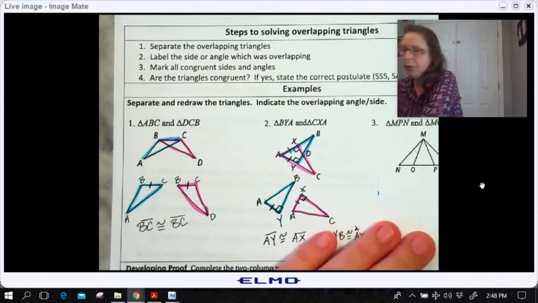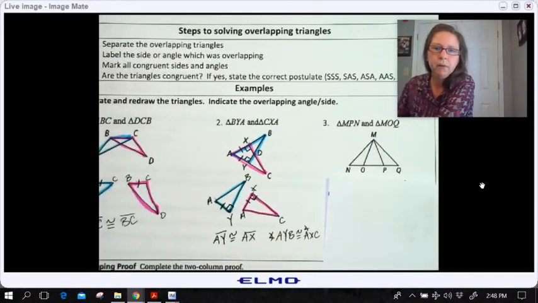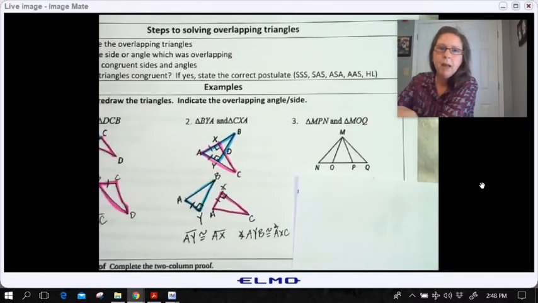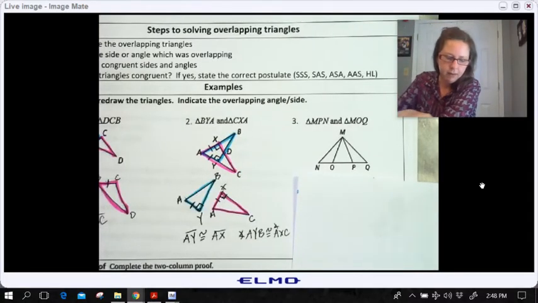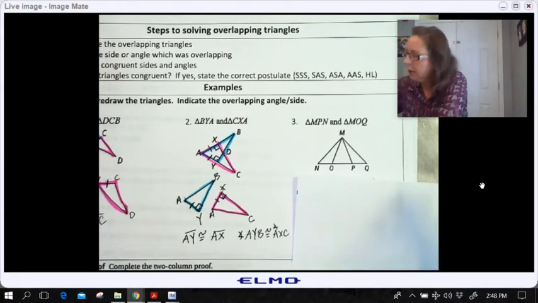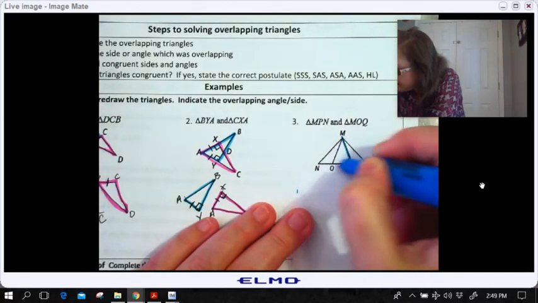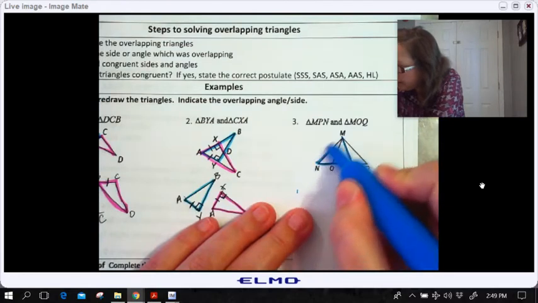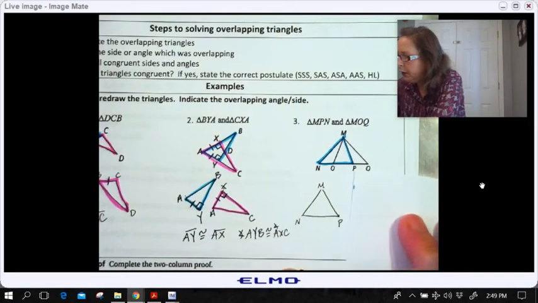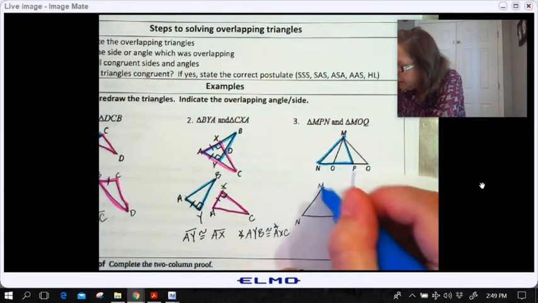Okay, let's do example 3 together. Example number 3. MPN. So let's look at that. MPN goes this way and then continue it. So here is MPN.